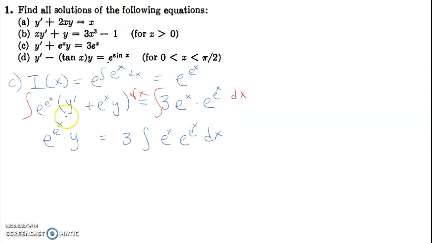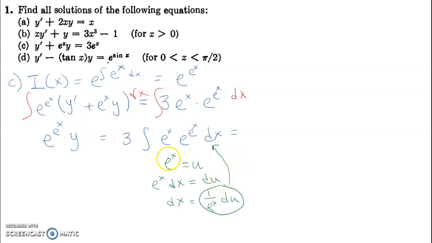So I think we can use the substitution rule to solve this. Let me substitute, let's say e^x equals u, and we have e^x dx equals du by differentiating both sides. So here we have that dx equals 1 over e^x times du.